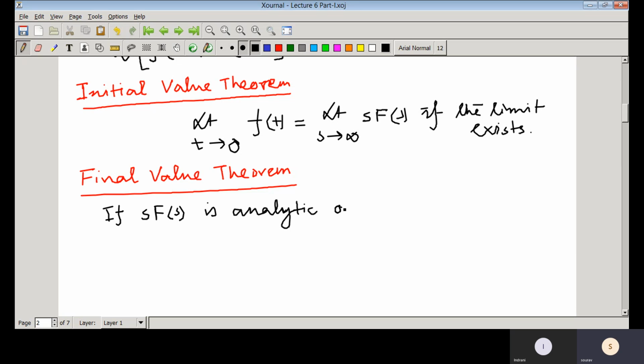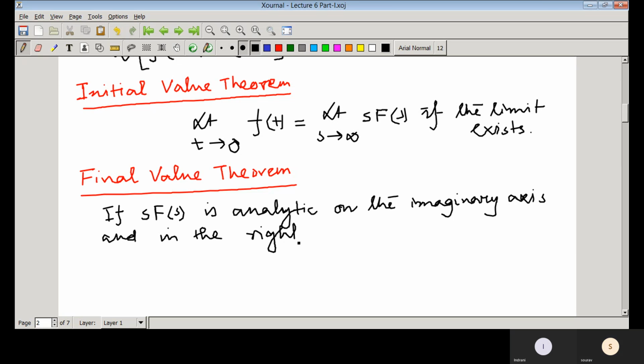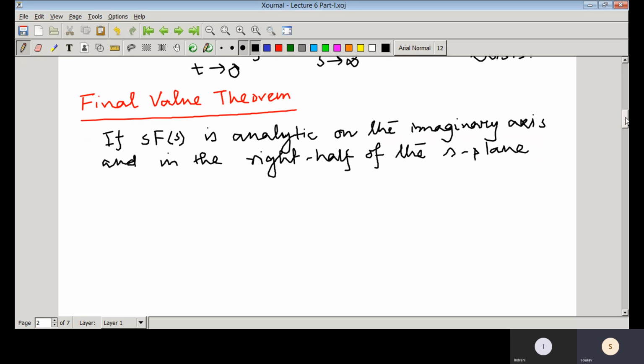If sF(s) is analytic on the imaginary axis and in the right half of the s plane, then you can apply the final value theorem.